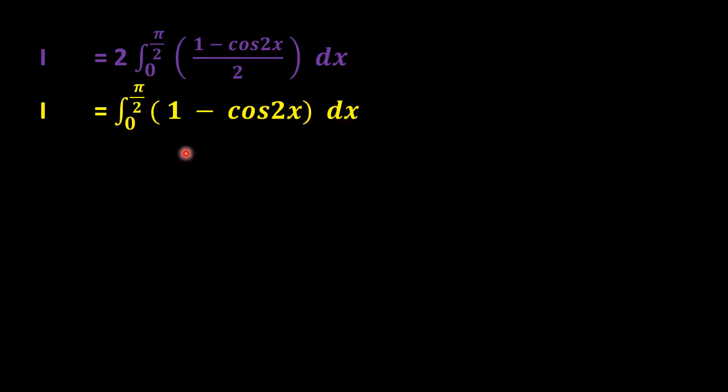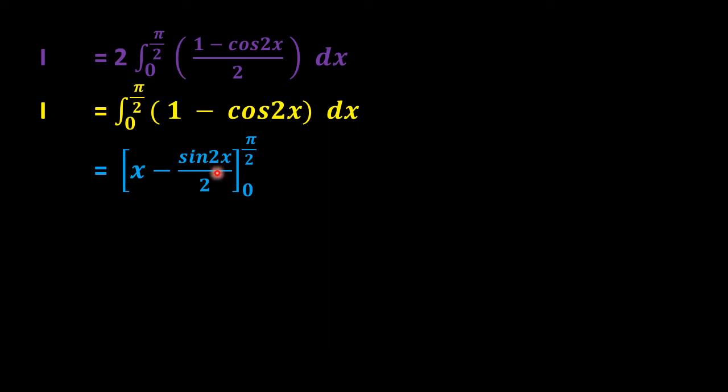Now we can integrate directly. The integration of 1 dx is x, and the integration of cos 2x is sin 2x by 2, from lower limit 0 to upper limit pi by 2.